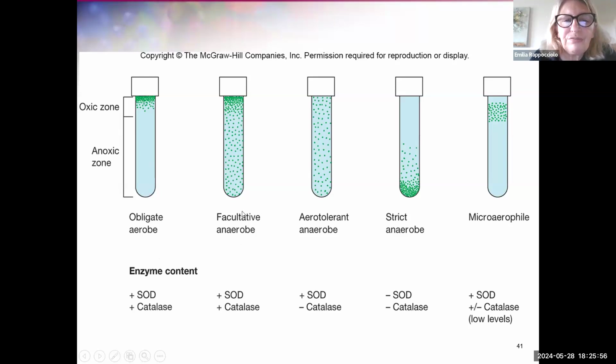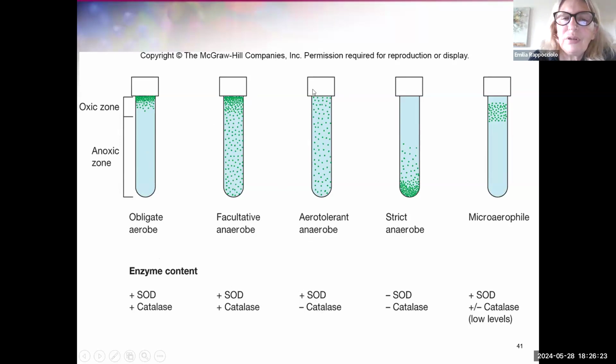The facultative anaerobes also have both, and they can grow in the presence or the absence of oxygen. But there is a little bit more at the top because oxygen makes them grow better. Then you have aerotolerant anaerobes. They don't have catalase, but they have superoxide dismutase. They don't have any preference.